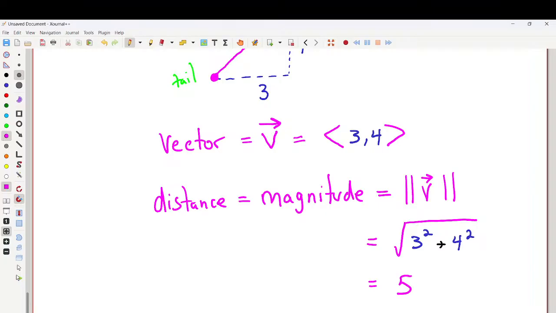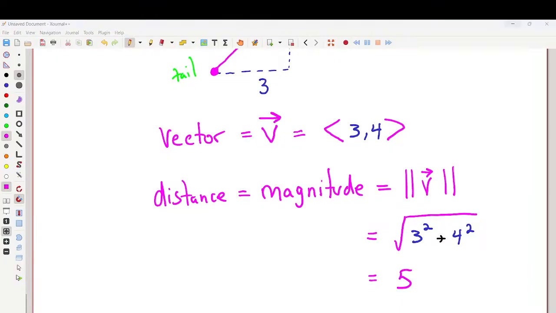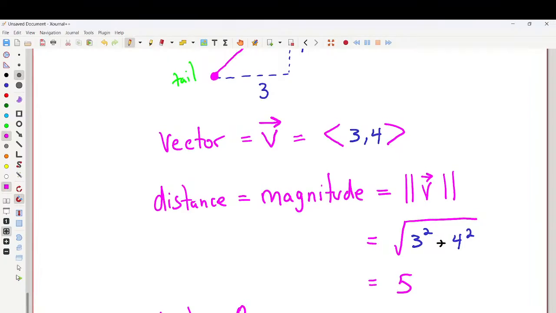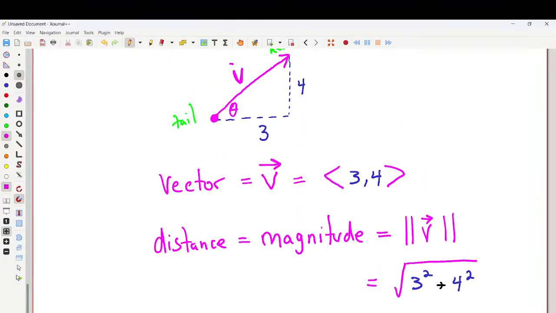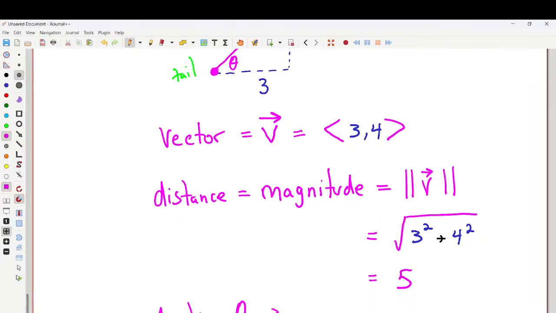So this vector has a magnitude of 5, a distance of 5 from its tail to its head, and the angle, which is nothing fancy here, also similar to last lesson, can be expressed as tan theta is 4/3.